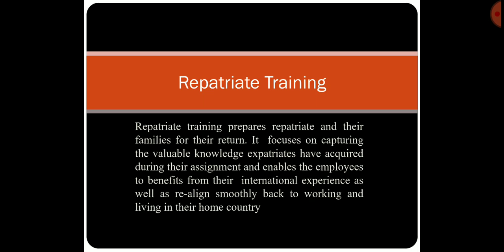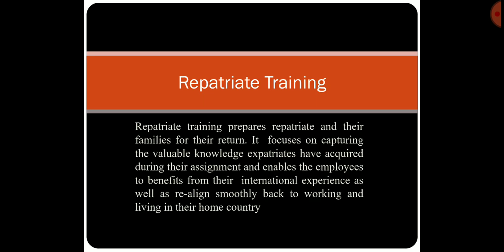Here we'll discuss the repatriate training. What do we mean by repatriate training? Repatriate training prepares a repatriate and their family for their return. It focuses on capturing the valuable knowledge expatriates have gained during their assignment and enables the employees to benefit from their international experience, as well as realign smoothly back to working and living in their home countries.